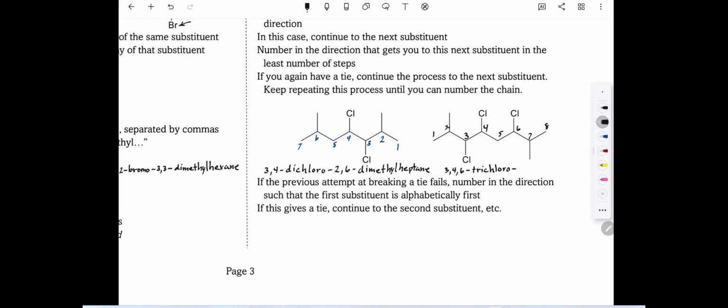And then the methyls are on carbons number 2 and 7. So 2,7-dimethyl, octane, the parent.